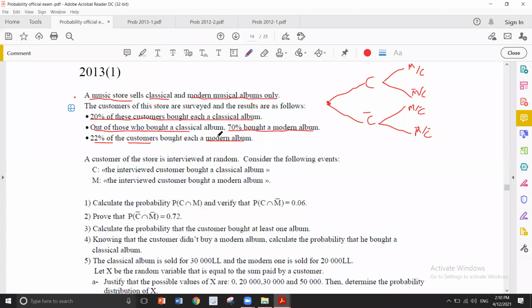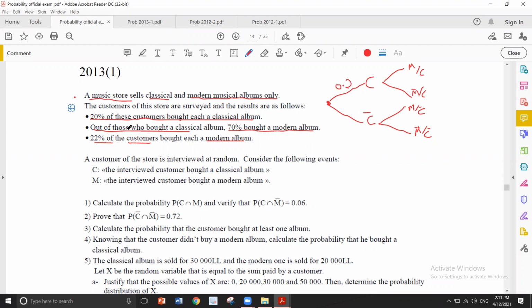Let's read it slowly. 20% of the customers bought a classical album, so here it is 0.2.